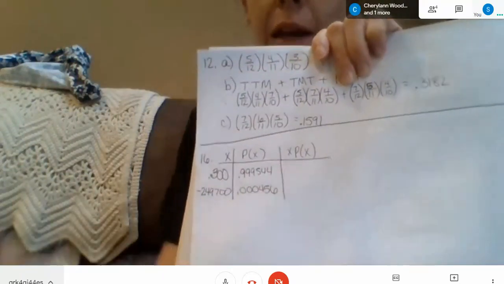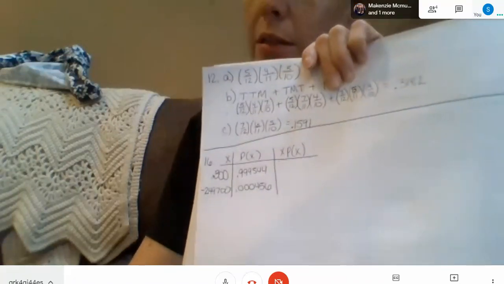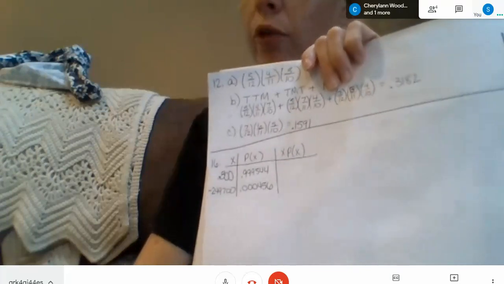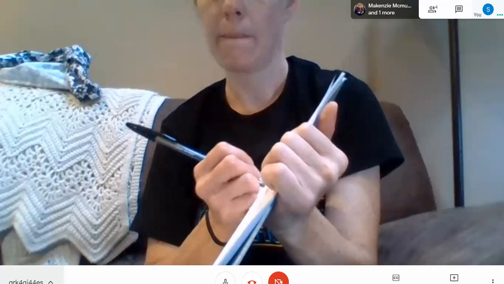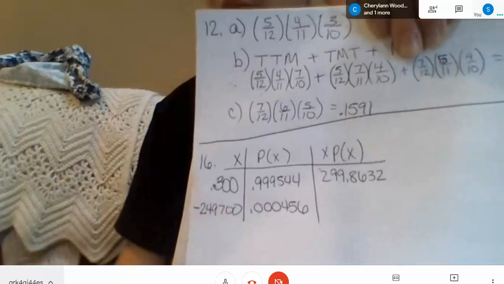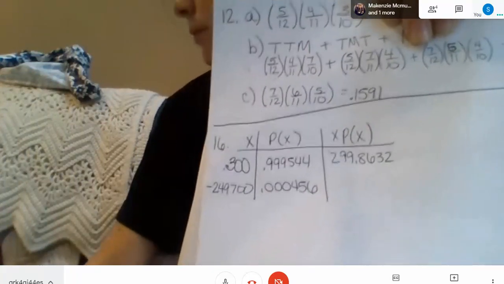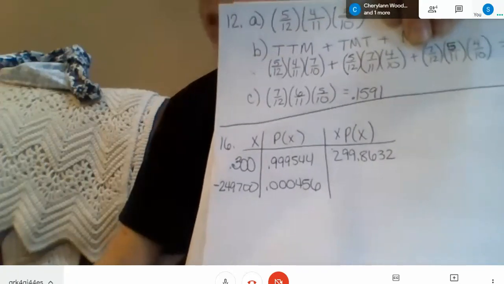So now, to find the mean, we have to add up the x times p of x. So my x, 300, times my p of x, 0.999544. Get my first number. Do the same thing for the second one. Negative 249,700 times 0.000456.